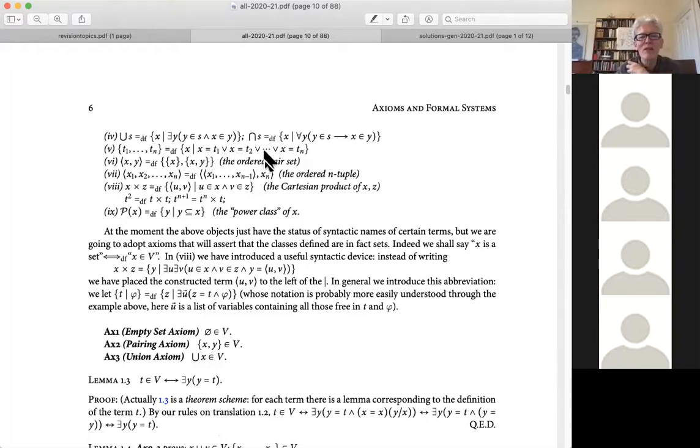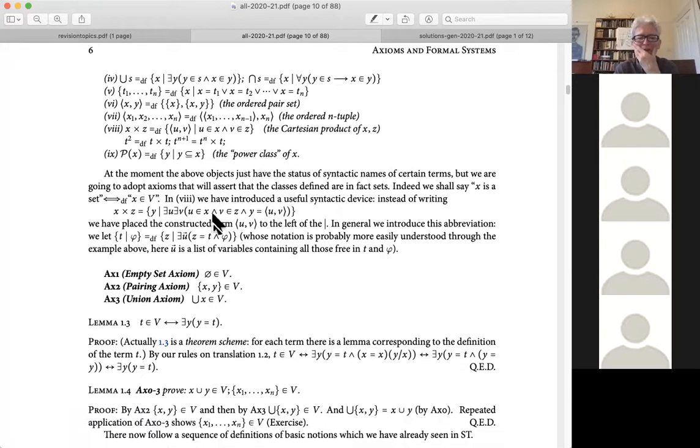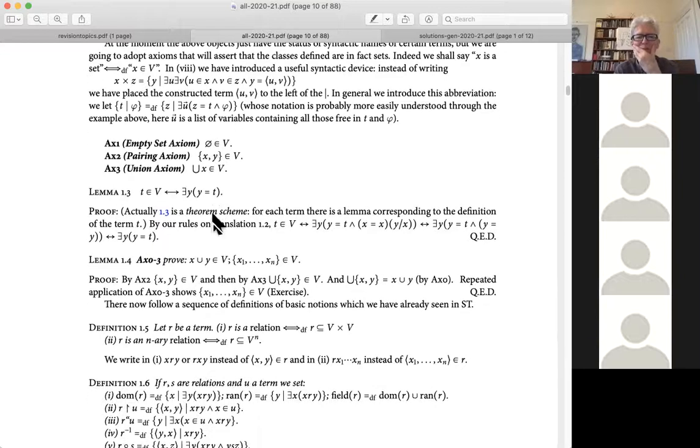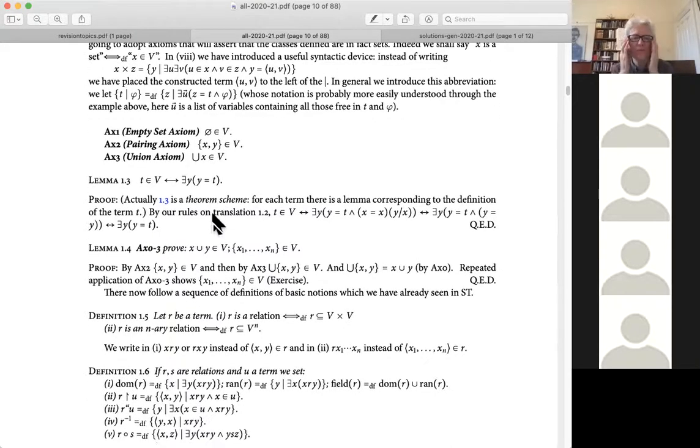Right? So included in this is that these t_i's better be sets because they're members of something else. Right? Ordered pairs, Cartesian product, power class, and so on. Okay, we won't go through them too closely.